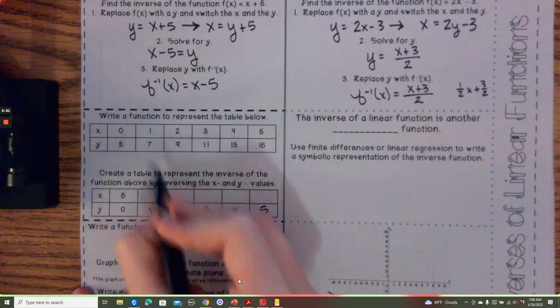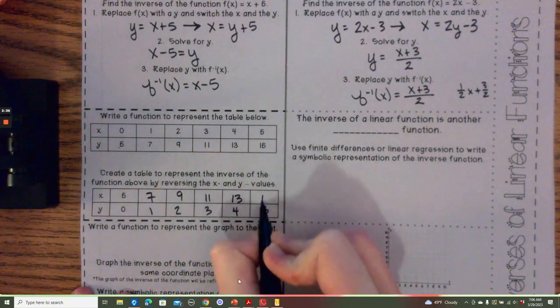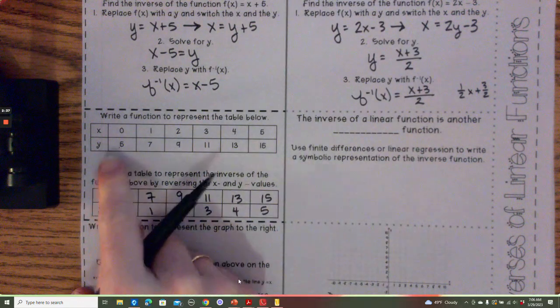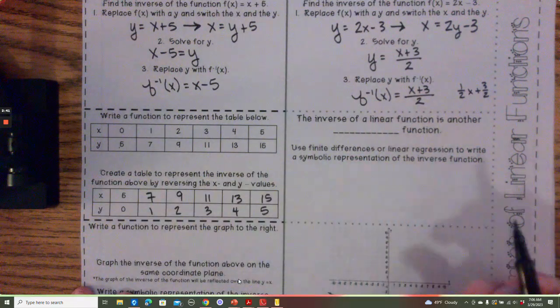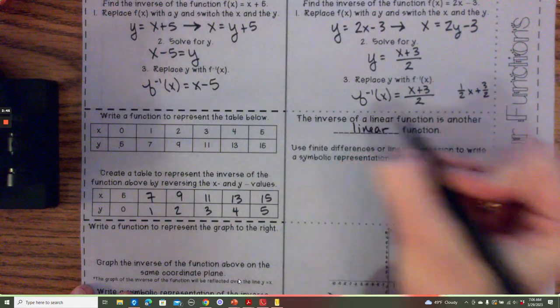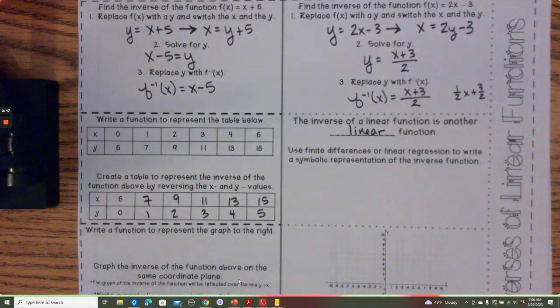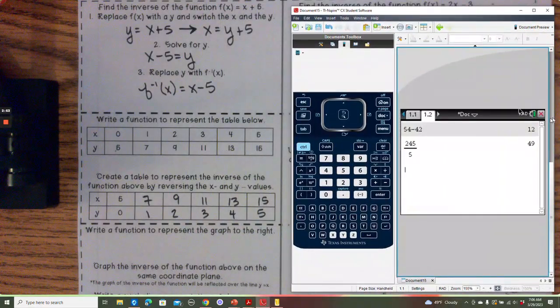And then your y values become your x's. So all you're doing really is swapping these labels out. So the inverse of a linear function is another linear function. And so to find the equation for that table, we can use linear regression.